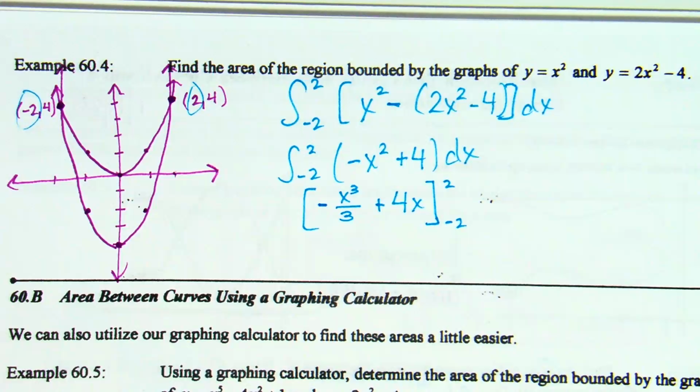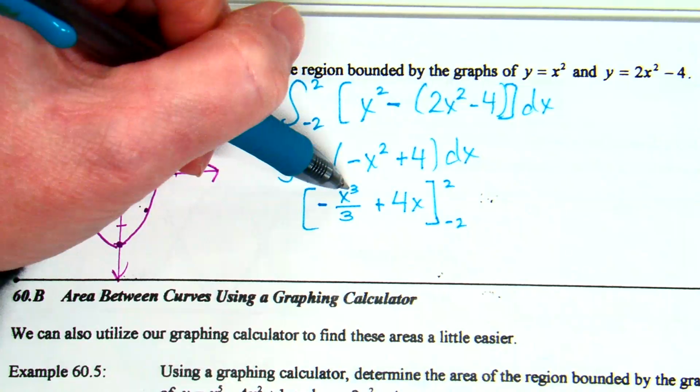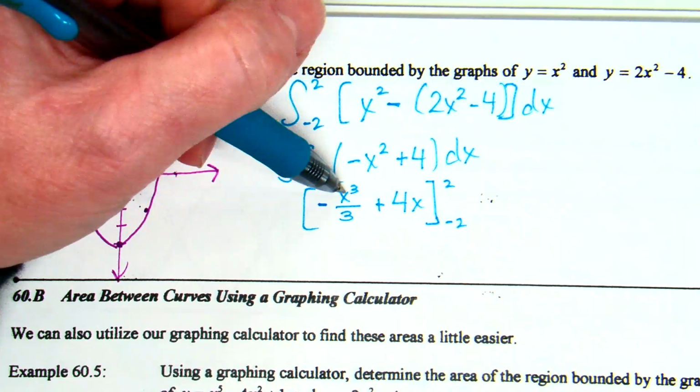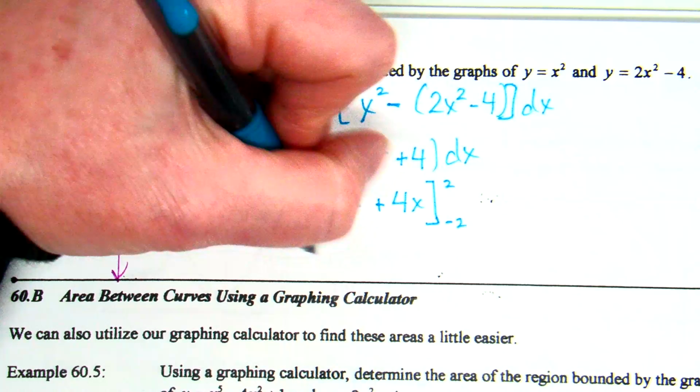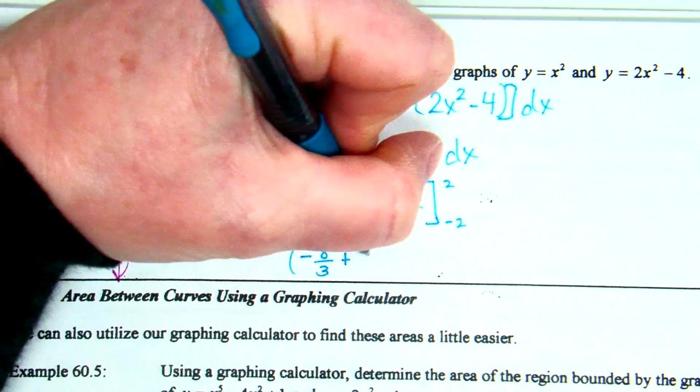So if I plug in positive 2, 2 to the third is 8, and so this is going to be negative 8 thirds plus 4 times 2 is 8. I've got that quantity.